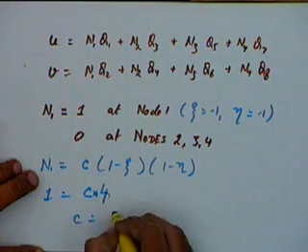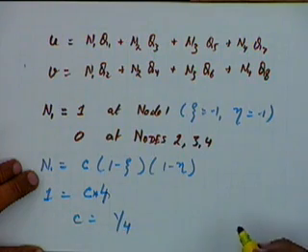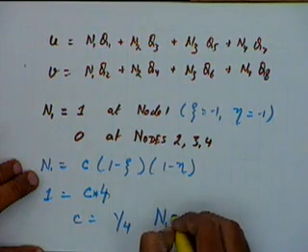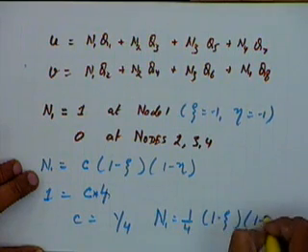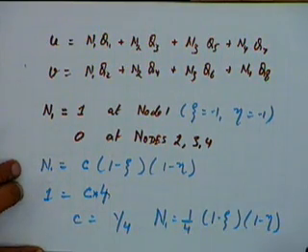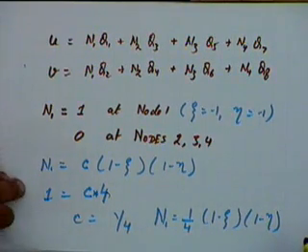So we will get C to be equal to 1 by 4, or we will get n1 to be equal to 1/4 of 1 minus zeta multiplied by 1 minus eta. This is a shape function we will choose for n1. Is that okay?